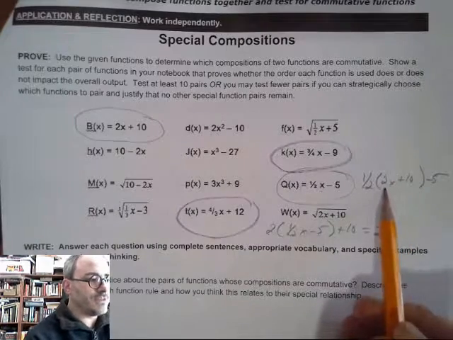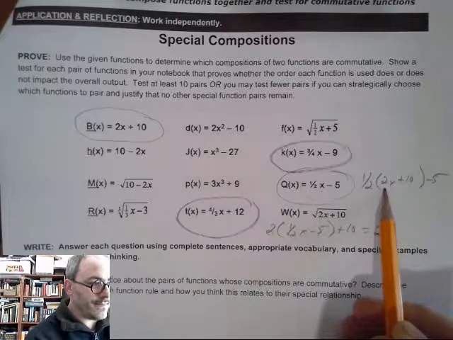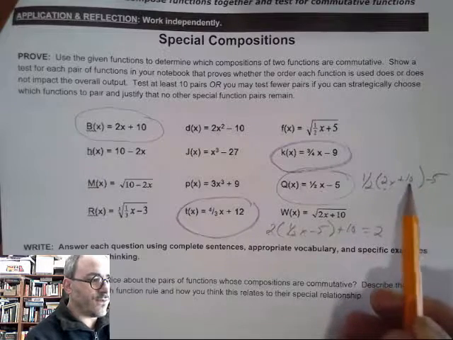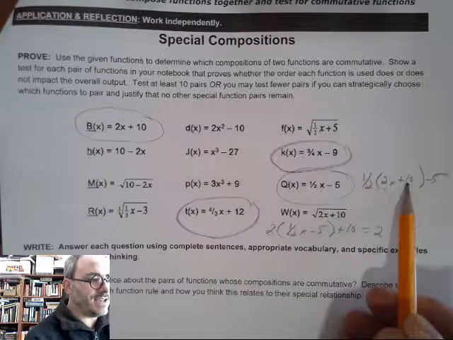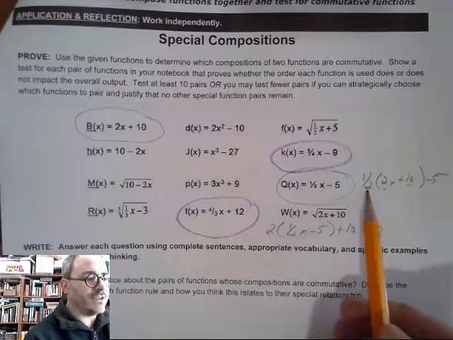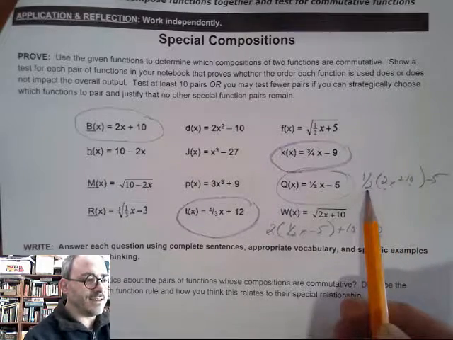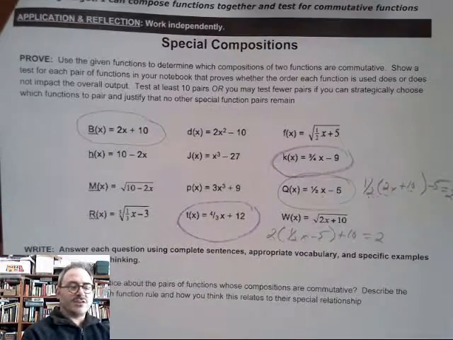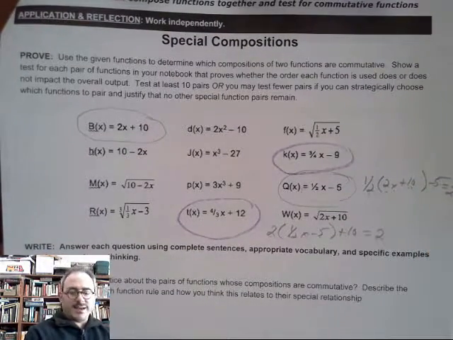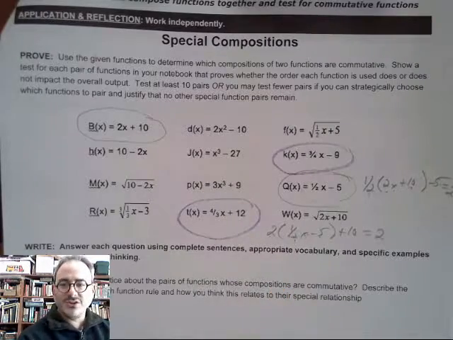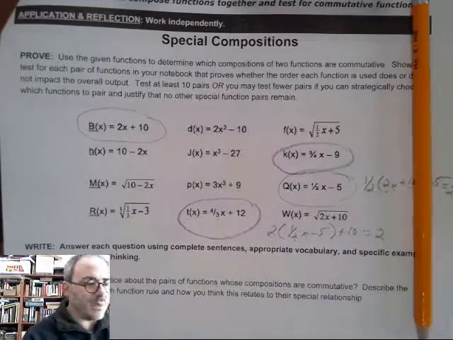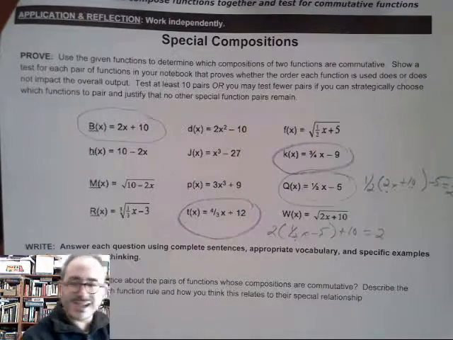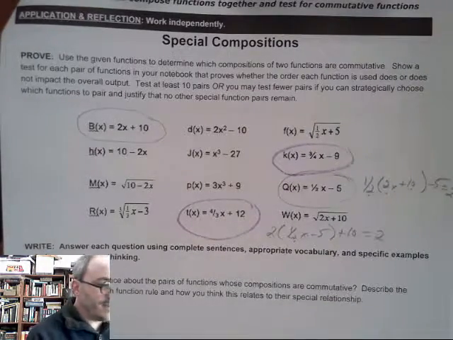I'm going to stick 2 in. 2 times 2 is 4. 4 plus 10 is 14. 14 divided by 2, or times by 1/2, is 7. 7 minus 5 is 2. So as you can see, the easy example, I stick 2 in, I get 2 out. I stick 2 in, I take 2 out. These compositions are commutative. Not all these compositions are commutative, but each one of these compositions has a commutative pair.